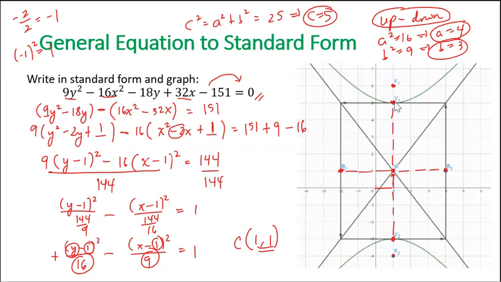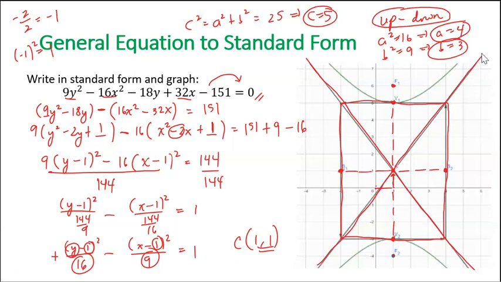And then, since we already have the vertices and the co-vertices, we draw a rectangle wherein the sides of the rectangle contain the vertices and co-vertices as midpoints, and then connecting the diagonal corners of the rectangle by a line would give us the asymptotes of the hyperbola.